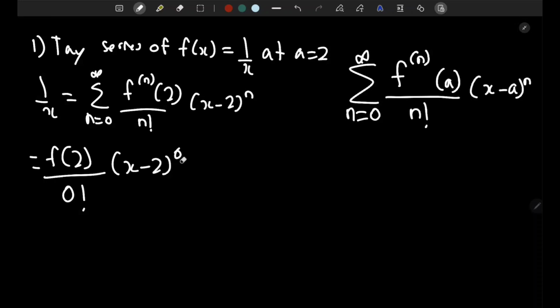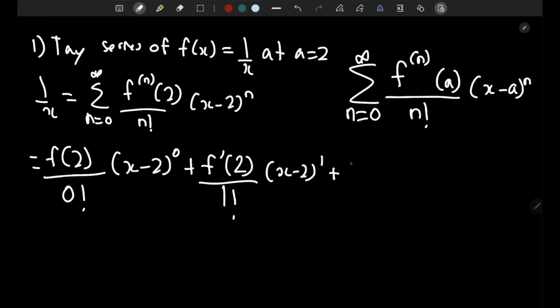So now let's continue when n is equal to 1. So it will be f prime, because n is equal to 1, so f of 1 is the first derivative. So f prime of 2 over 1 factorial multiplied by (x minus 2) to the power of 1.